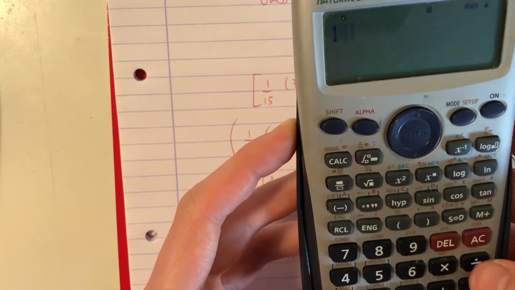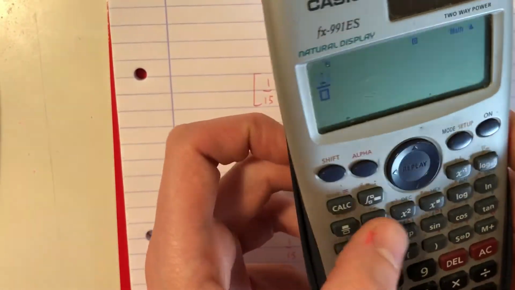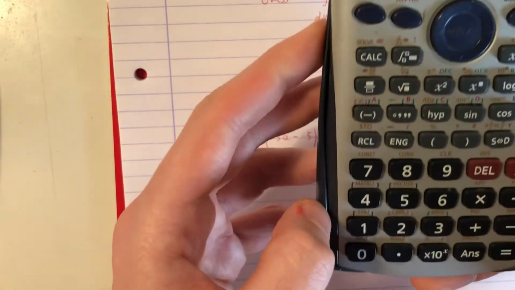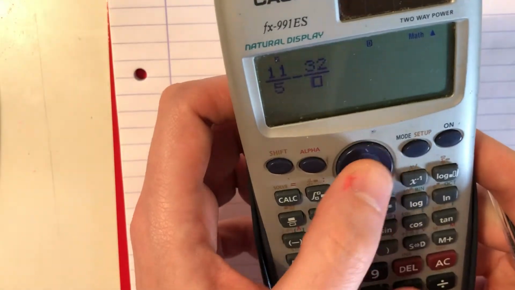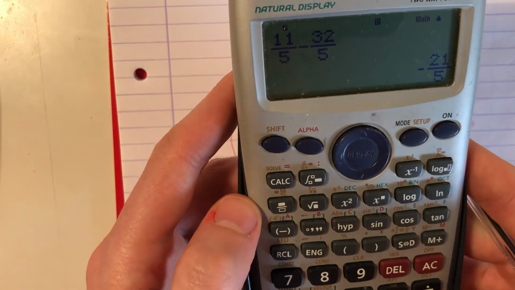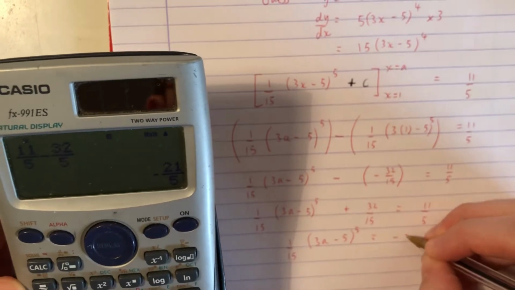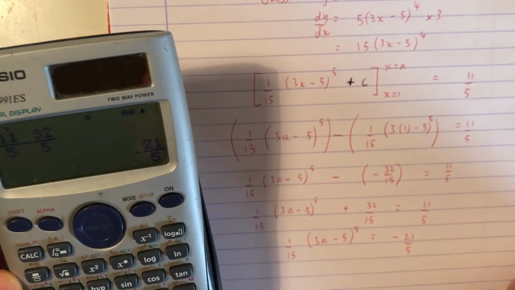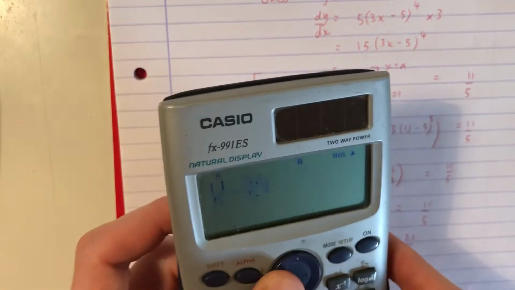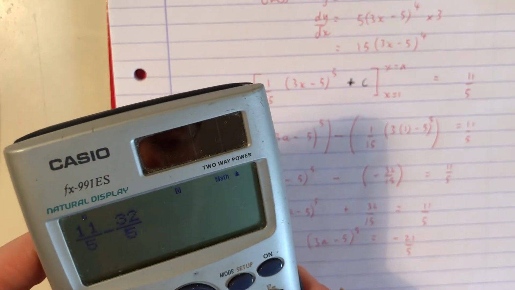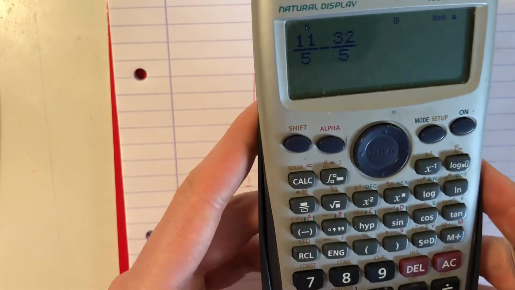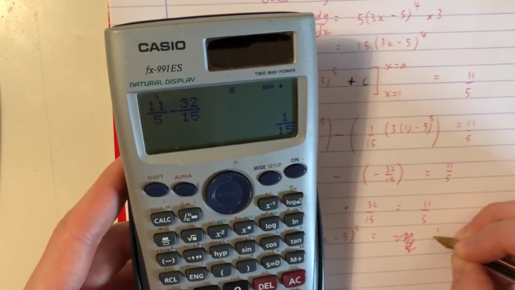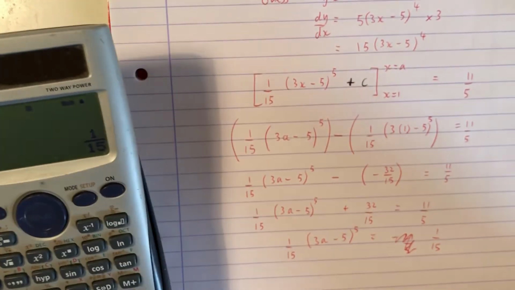So 11 over 5 subtract 32 over 15 is minus 21 over 5. Hang on, that is 15s instead. 15s. 1 over 15.